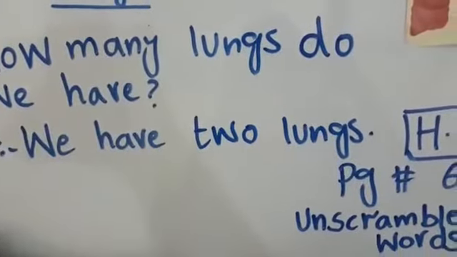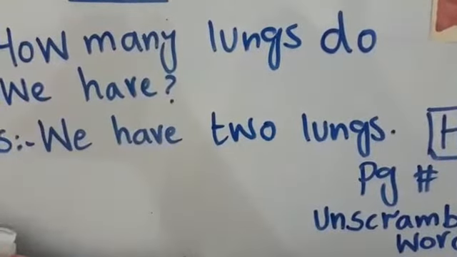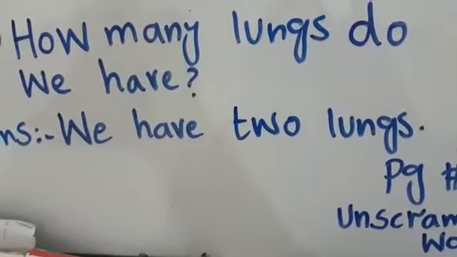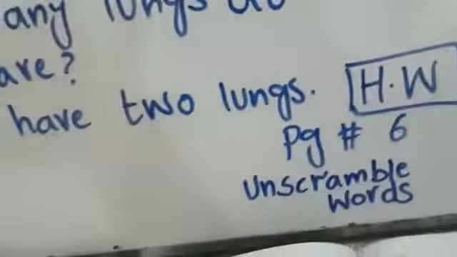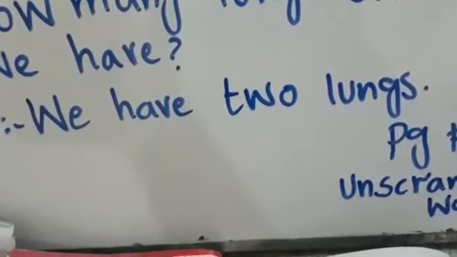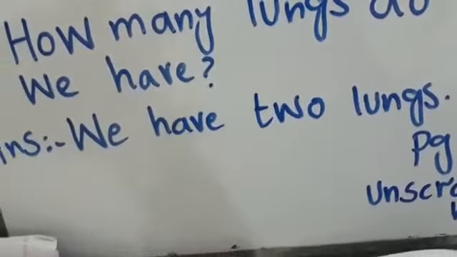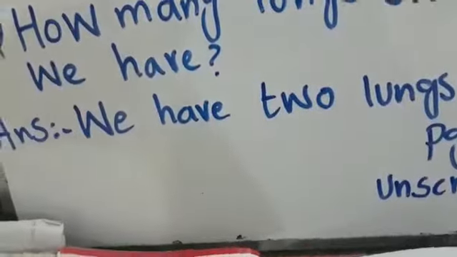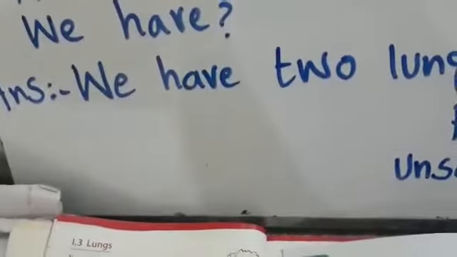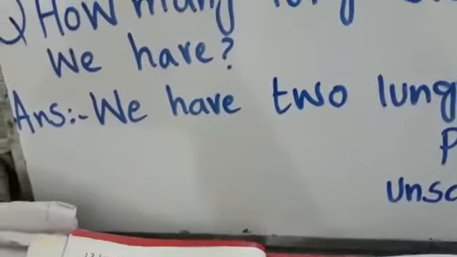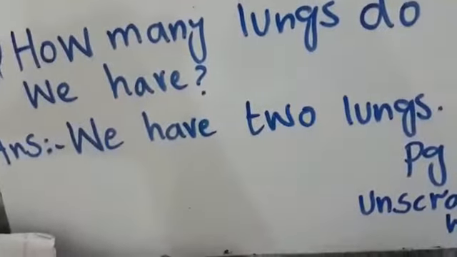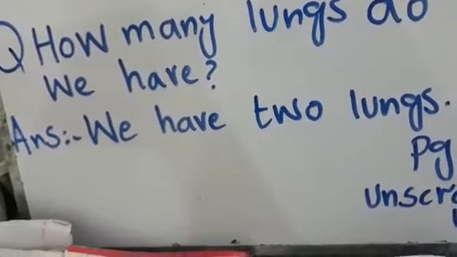We have 2 lungs, and some important things about lungs are the appearance or structure, that they are inside our chest, help in breathing and fill up with air, that is oxygen, and look pink and rubbery from outside and like a sponge from inside.